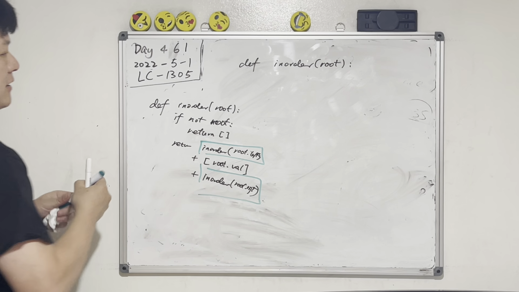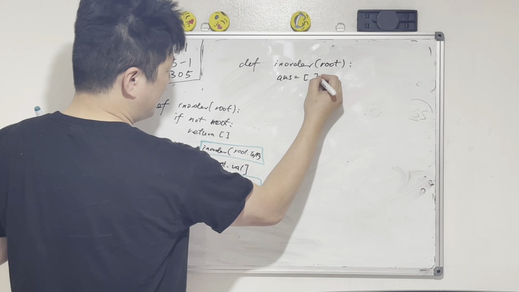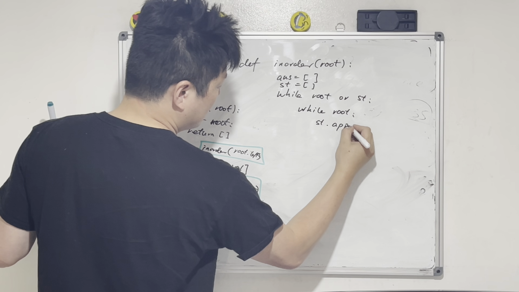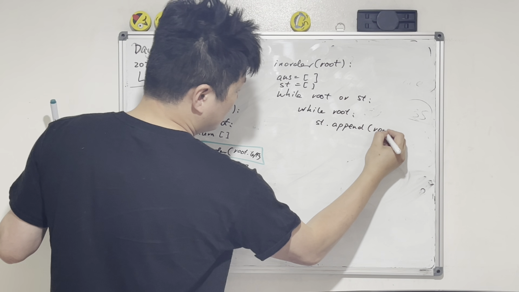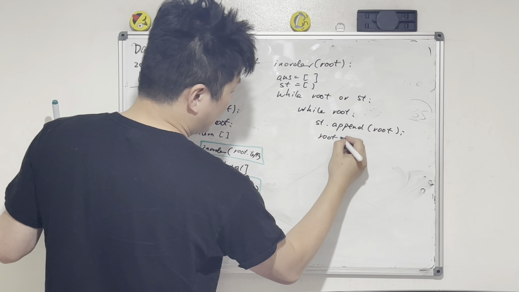Okay, and then this is the iterative answer, yeah? So while we have a stack, while root or stack. Now we want to go to the left as much as we can. While root, stack dot append root, and then root equals root dot left.